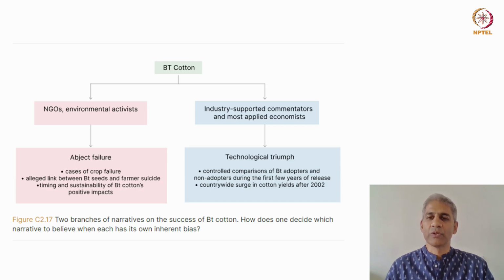On the other hand, certain industry supported commentators or applied economists will say that Bt has been a triumph because there has been a surge in cotton yields after the introduction of Bt in 2002. So how do we actually look at this story and figure out what is happening?